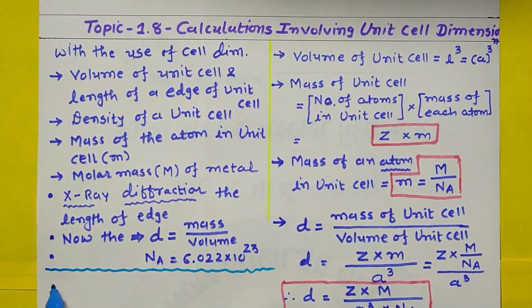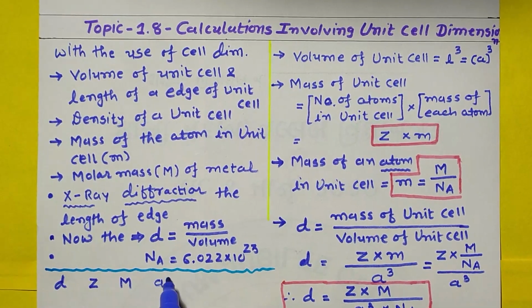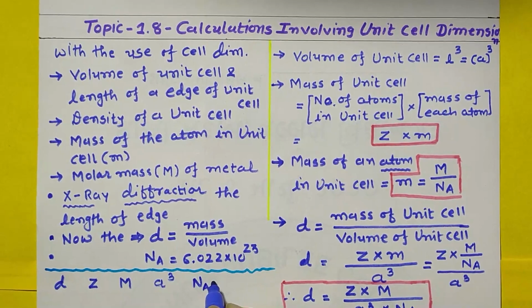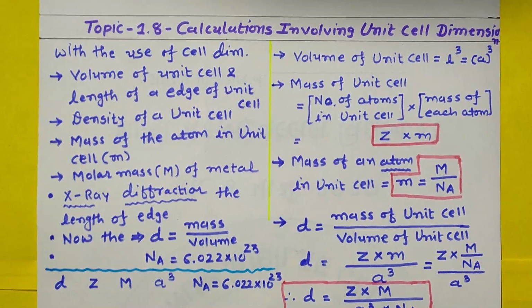First of all, density, small d, then Z, then capital M, then A cube, and then Na. But friends, the value of Na is always fixed: 6.022 into 10 raised to 23.